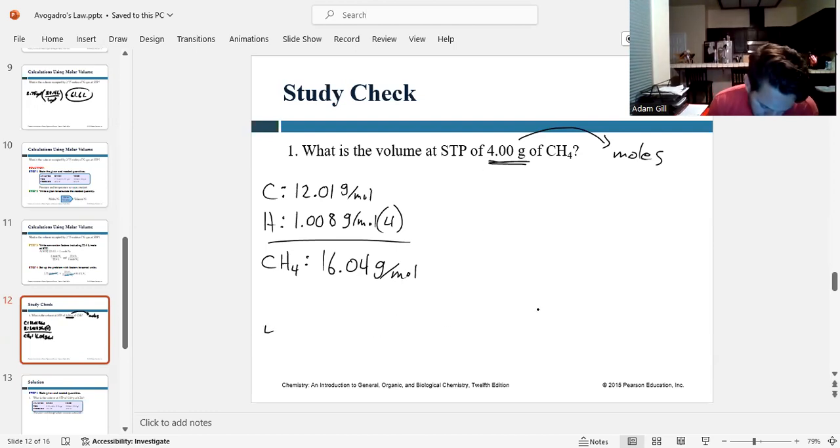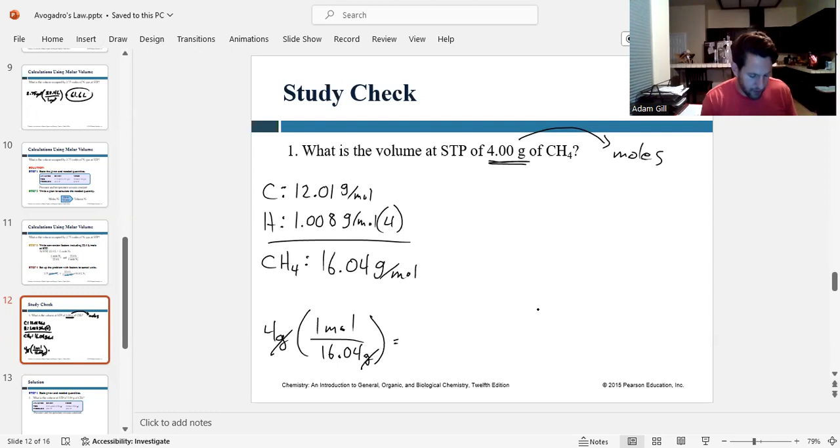So 4 grams times 1 mole per 16.04 grams. Grams will cancel. So 4 divided by 16.04 gives me 0.25 moles.